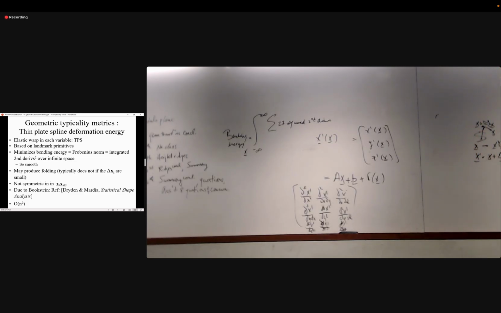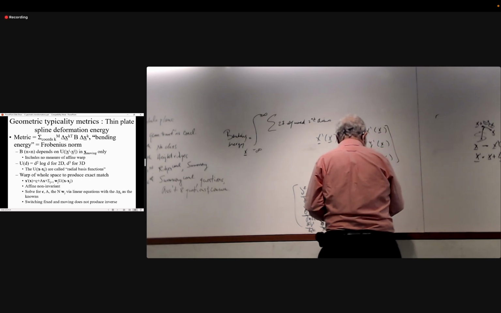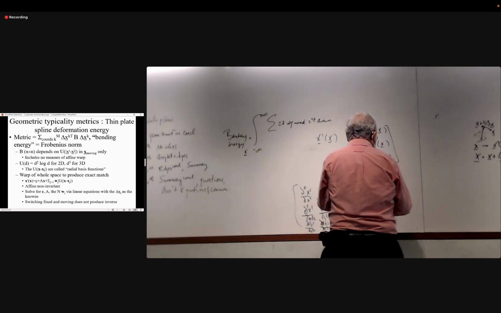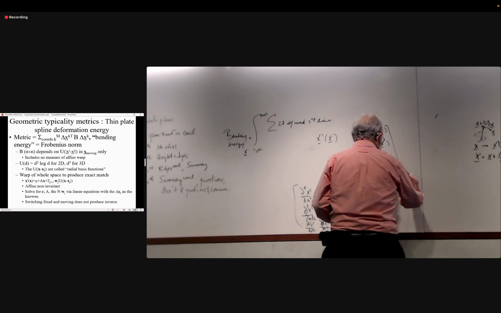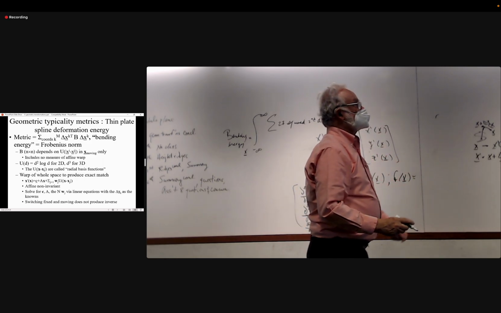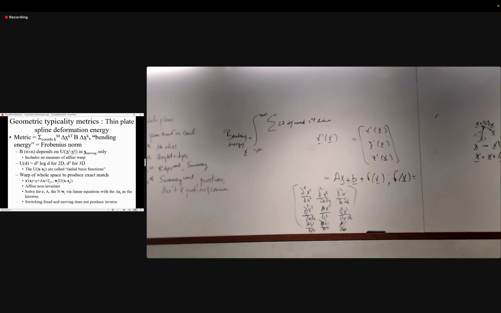And you do the math on this, and it turns out that what you end up solving for is a particular solution where this f of x is the sum of what are called radial basis functions, these u functions.